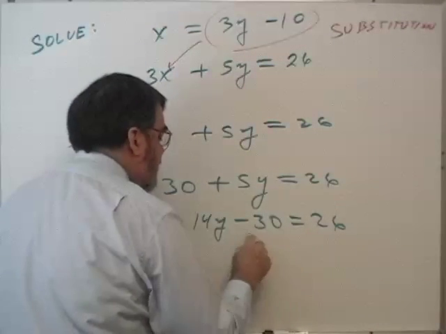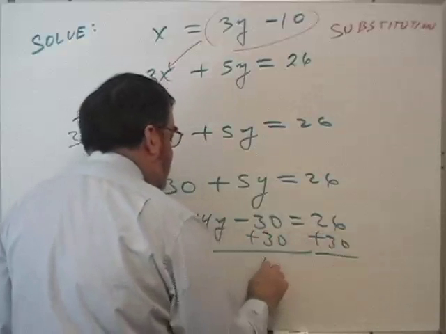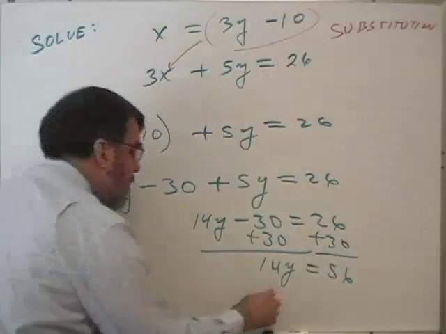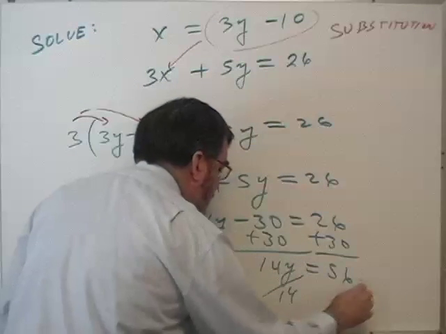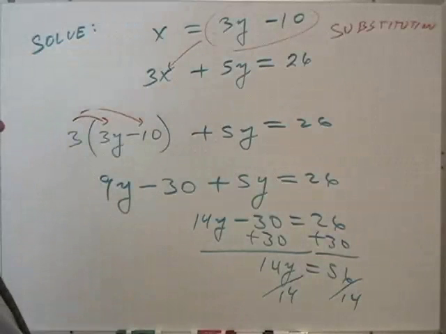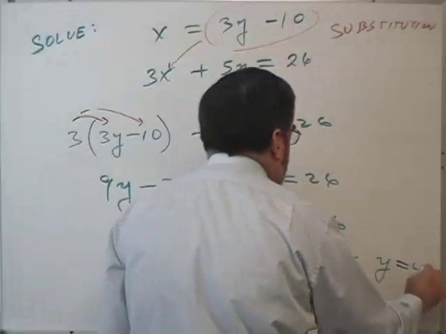I'm going to add 30 to both sides, and we have 14y equals 56. Divide by 14, and 14 goes into 56 exactly 4 times. So y equals 4.